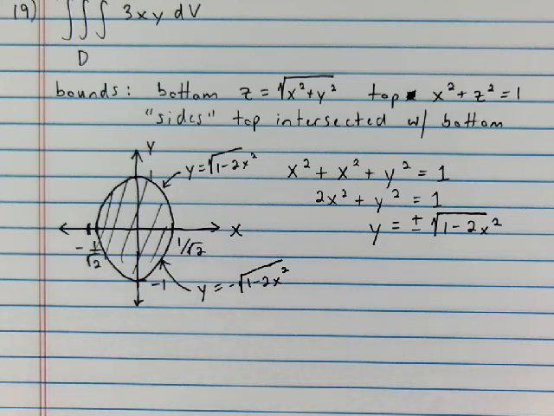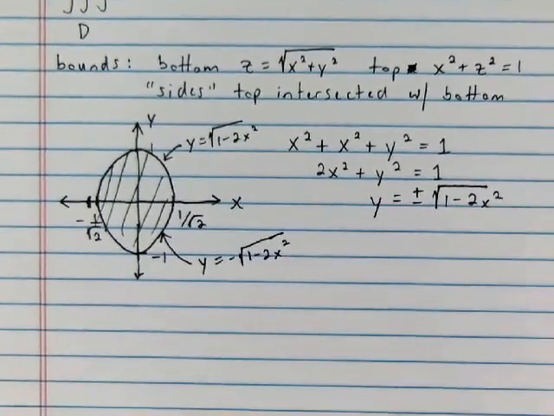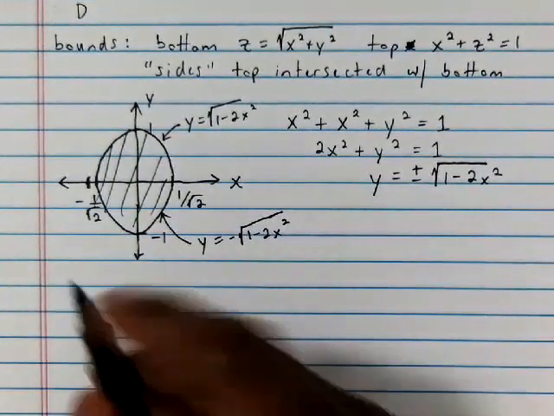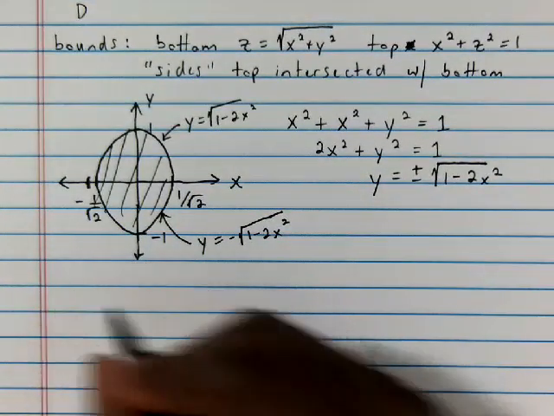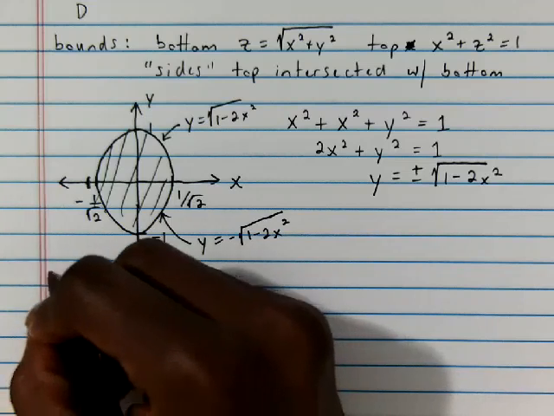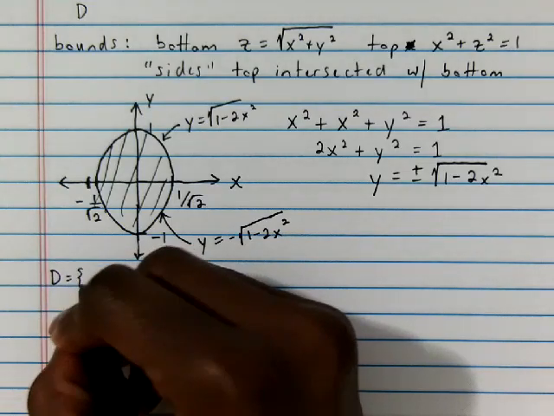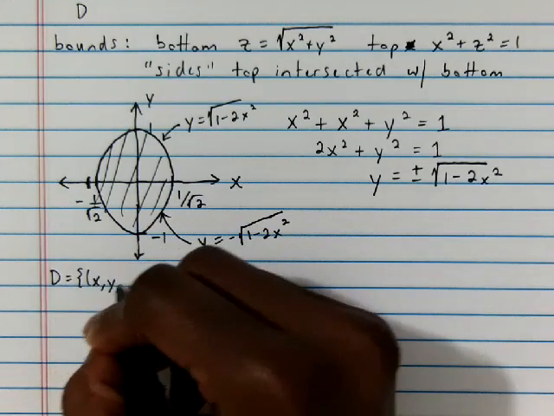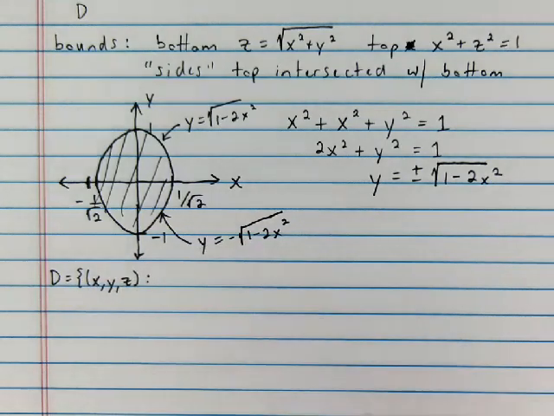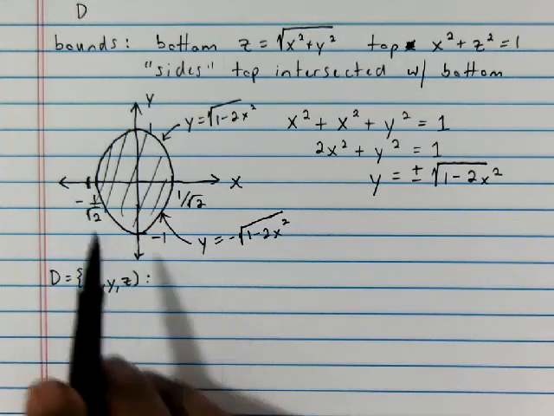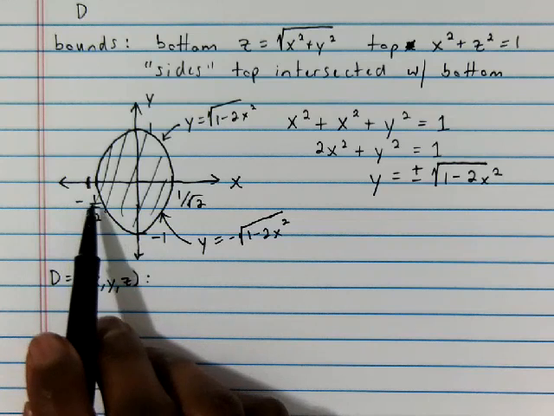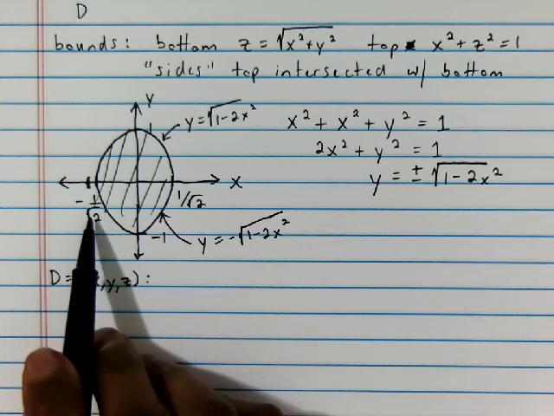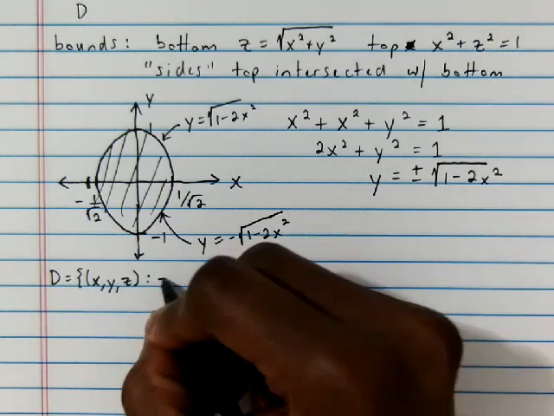So now let's put together our region D. So D, can I fit this on one line? We'll try. D equals the set of points x, y, z, such that x goes from constant to constant. So x goes from negative 1 over root 2 to 1 over root 2.